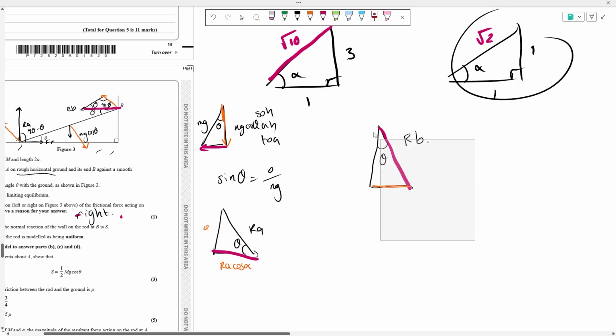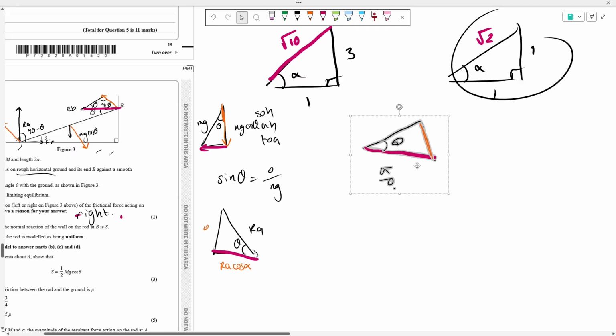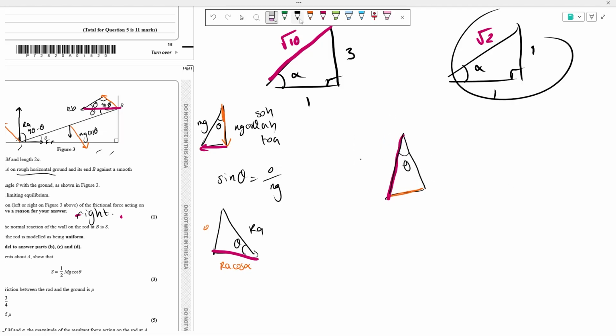You can see that if I flip this around, this does match. There we go. You can see that matches. Okay, cool. So that's RB. And then this angle is going to be my 90 degrees.